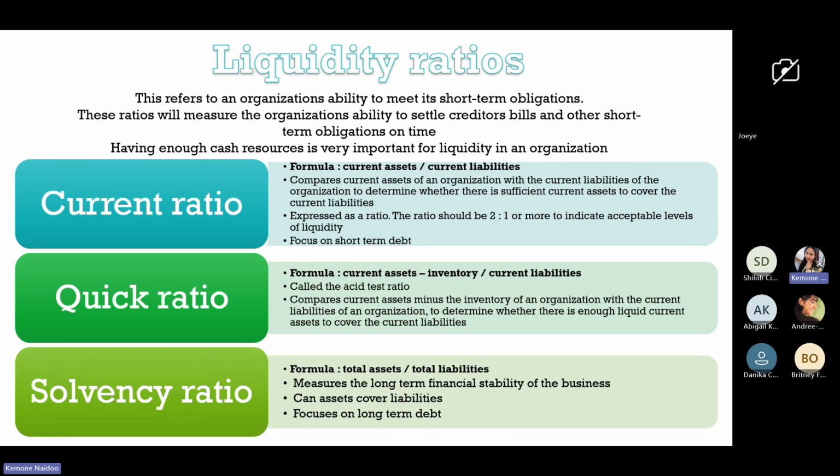Our next one is called a quick ratio, but sometimes it's also known as an acid test ratio. So for example, in an exam, they can either use quick ratio or acid test ratio. It means the same thing. Here, you're taking your current assets, but you're subtracting inventory from it, okay? And then you're dividing it by current liabilities. Here as well, this is a ratio.